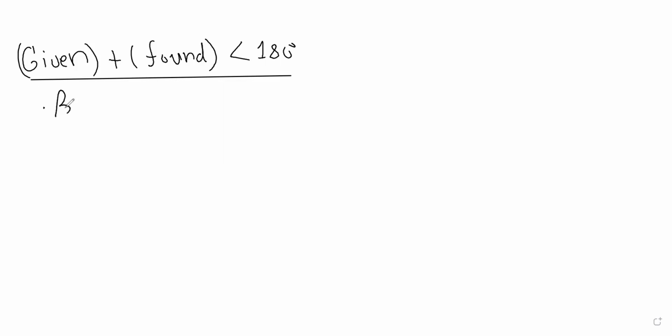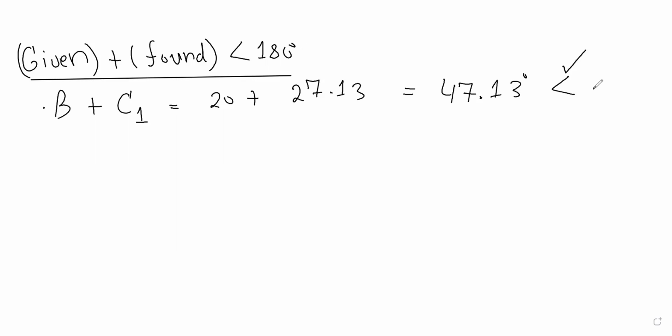My given angle was B, and I found C1. That would be 20 plus C1, which is equal to 47.13 degrees, which is definitely less than 180. Therefore, C1 must represent an angle inside a triangle.